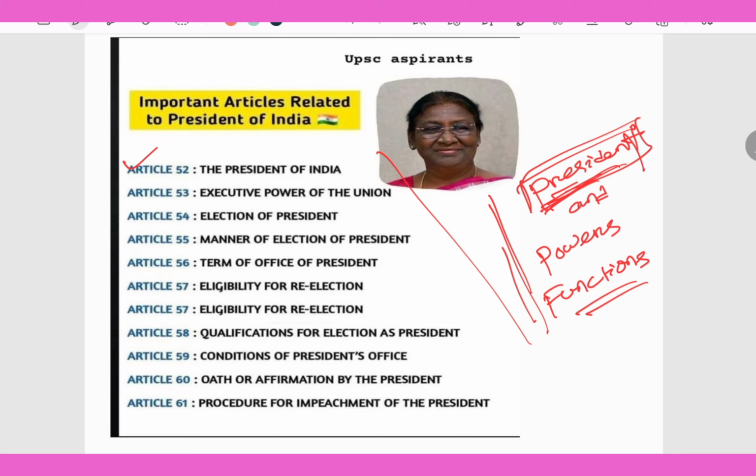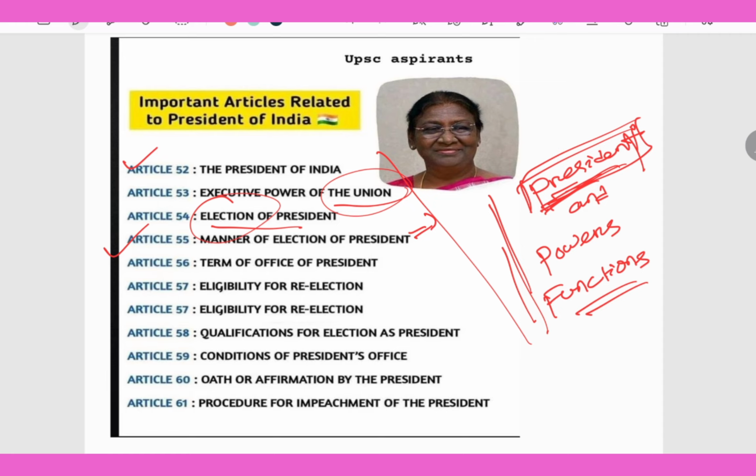Article 52 says there shall be a President of India. 52 and 53 say the executive power of the Union, and 54 says the election of President. It means the President, who is the head of the state, will be elected. Article 55 says the manner of election, how the President is elected.